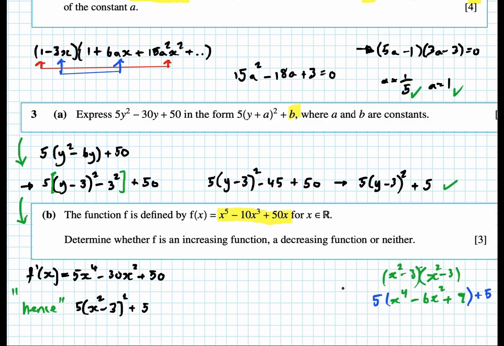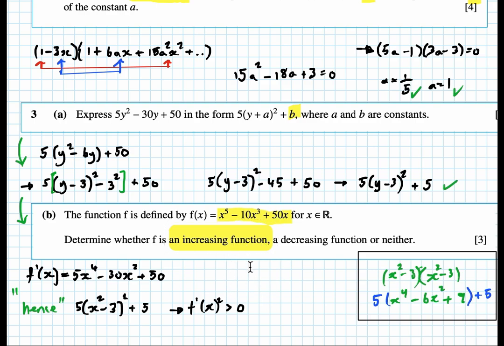So 5 times x to the power 4, 5 times minus 6, and 5 times 9. So it's the same in that context. So our f prime x squared is greater than 0. And of course, when it's greater than 0, it's increasing. You could also use the discriminant for this.